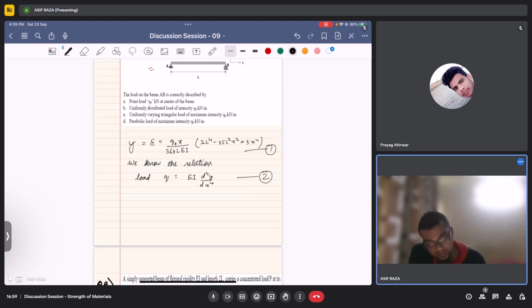So let's compute it. What would be my first derivative?